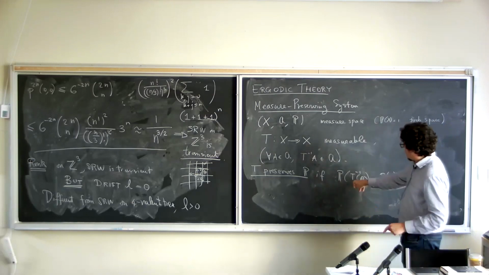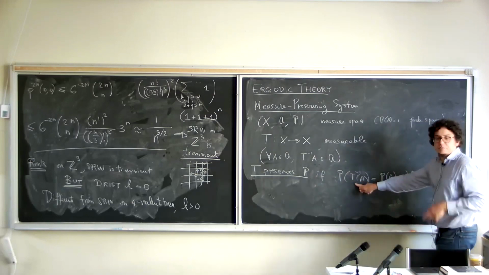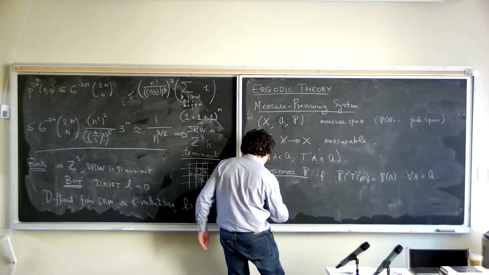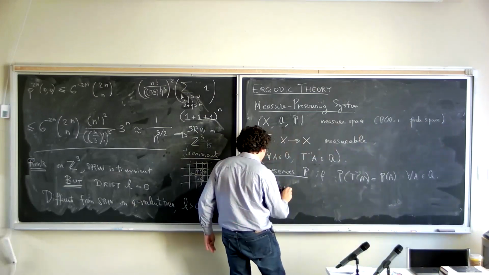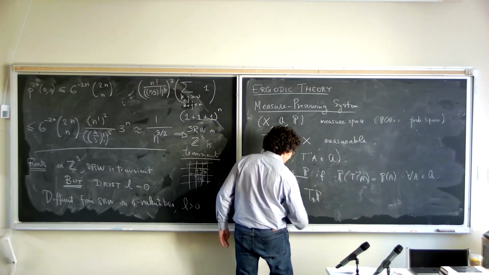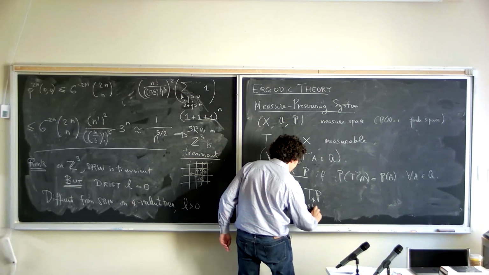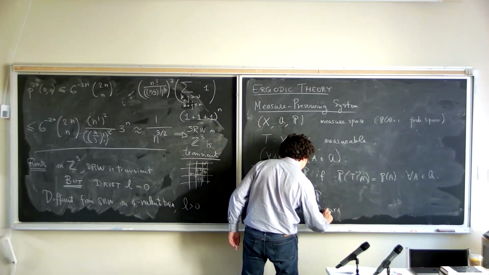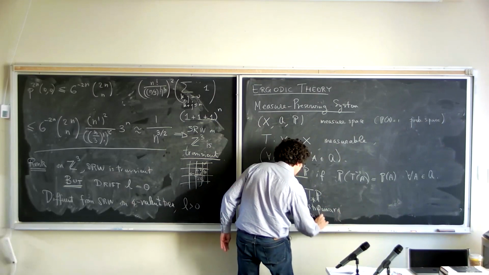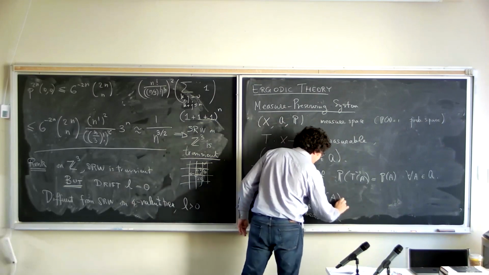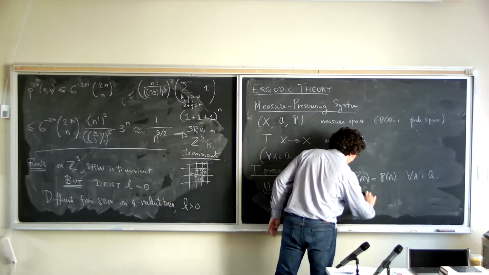You see, we pull back sets, but we push forward measures. So the notation usually is that the push forward measure T star P is nothing else than T star P of A is the probability of T inverse A.